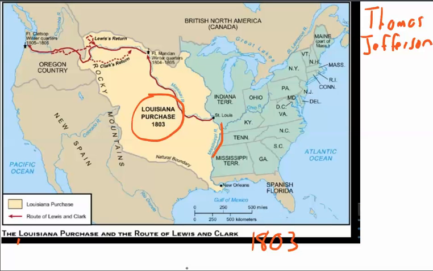And of course, after purchasing this large area from the French, Jefferson sent Lewis and Clark on a trip to explore what land we had just purchased. And the red line on the map, of course, shows the journey and the return of Lewis and Clark. And actually, they went even farther than the property that we had just bought. They went all the way to the Pacific Ocean before they decided to return.